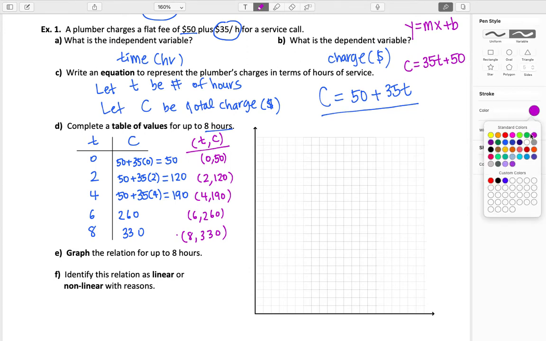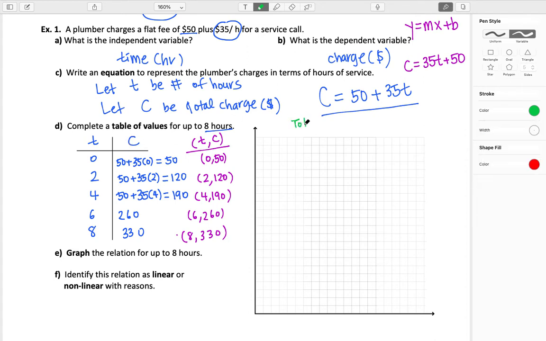So when we are graphing it, you always start with the title. So you can start by saying the y value, the total charge, versus number of hours, and that will be your title, y versus x, and make sure you always underline the title.